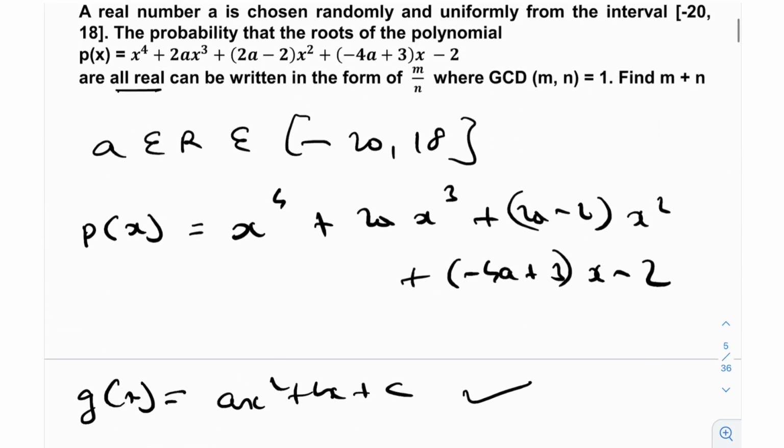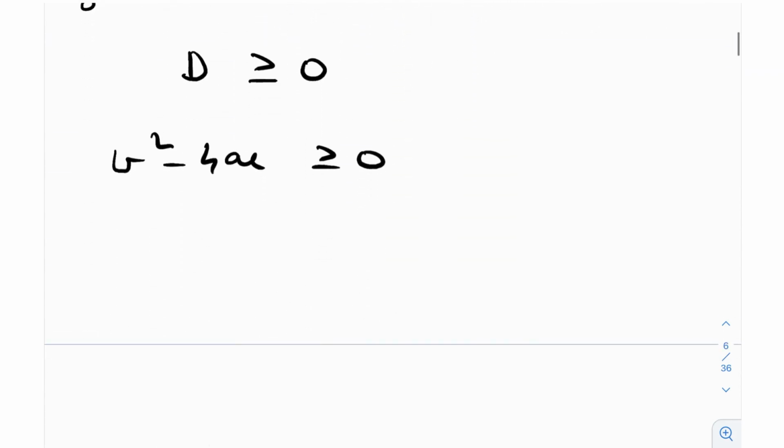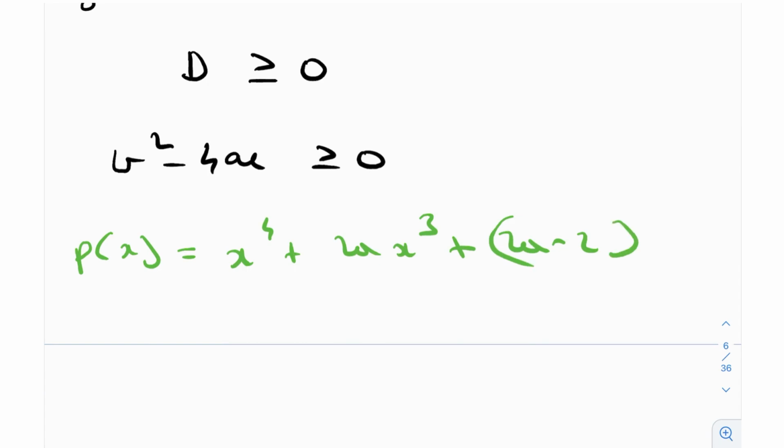The problem over here is that it's a biquadratic. So what I'm going to need to do is convert this quartic equation into a quadratic equation. How can I do that? Factorization or whatever other techniques I have. So we have p of x is x to the power 4 plus 2ax cubed plus (2a minus 2) times x squared plus (-4a plus 3) times x minus 2.